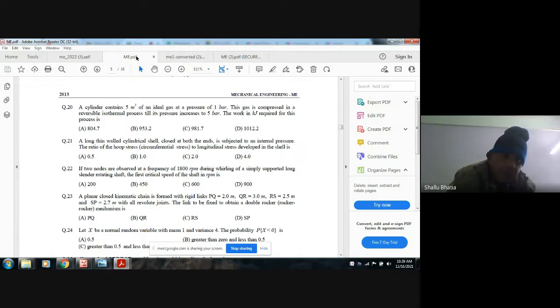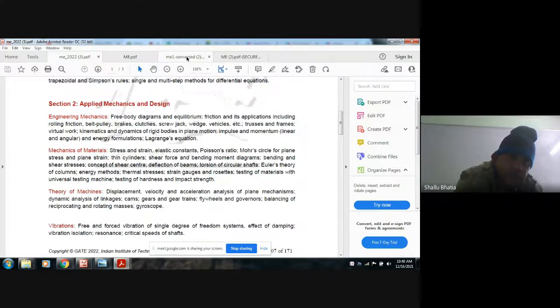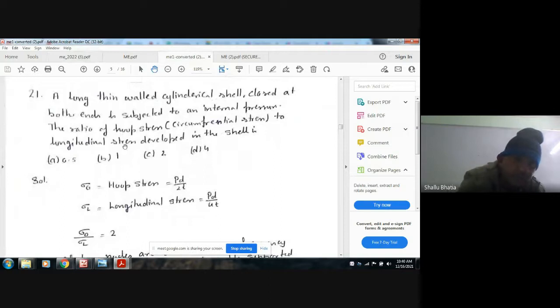The ratio of hoop stress to longitudinal stress developed in the shell is: as the vessel is a cylindrical vessel, there are two stresses. One is hoop stress and the other is longitudinal stress. So hoop stress is PD by 2t and longitudinal stress is PD by 4t. So the ratio of sigma hoop to sigma longitudinal is 2.